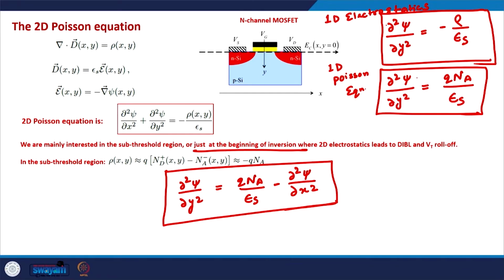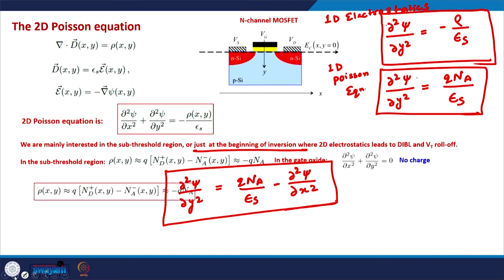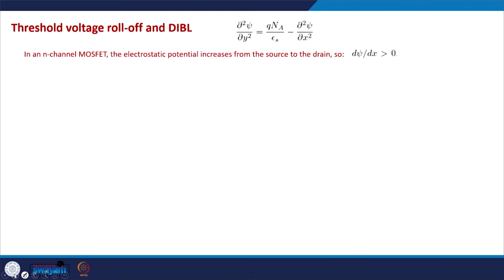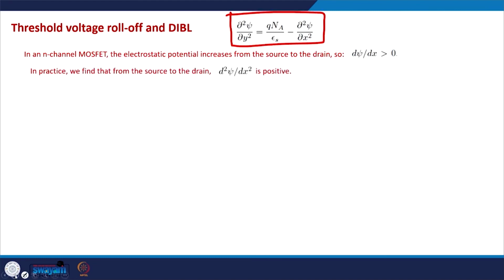And if we consider the 2D electrostatics because of the small channel, in that case this Poisson equation can be written as del 2 psi by del y square is equal to q Na by epsilon s minus del 2 psi by del x square. So, there is a small difference between this 1D Poisson treatment and this 2D Poisson equation. So ultimately this is the equation that we have in 2D Poisson equation.